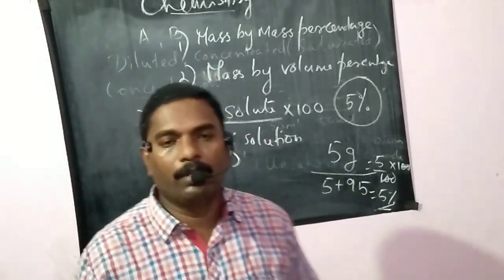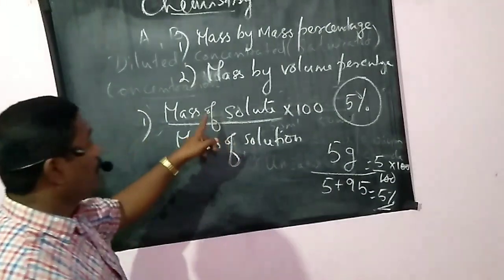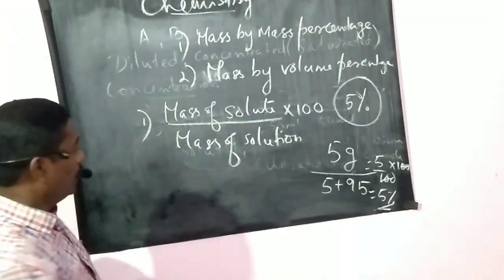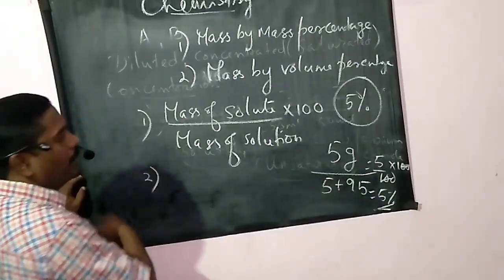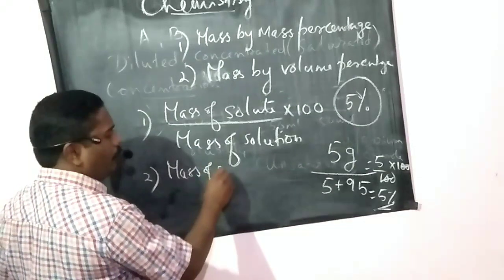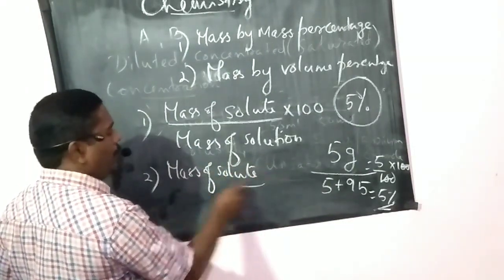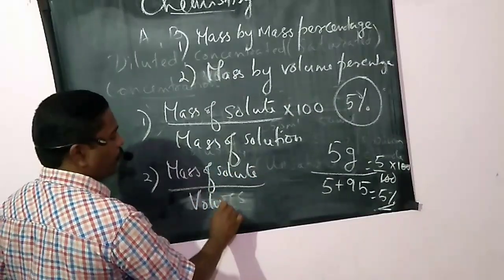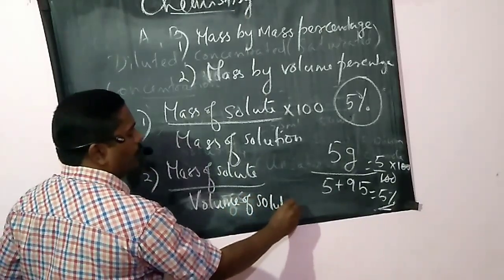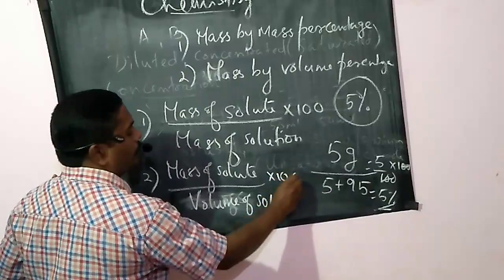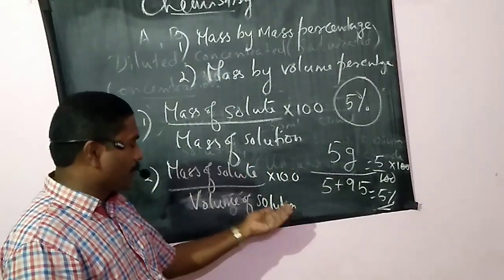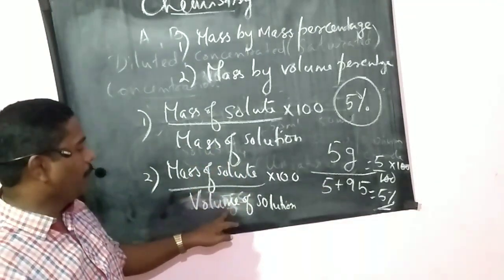Similarly, we can calculate mass by volume percentage. How can we express it? Simply, mass of solute by volume of solution into 100. The same thing, but here, instead of mass of solution, volume is taken.